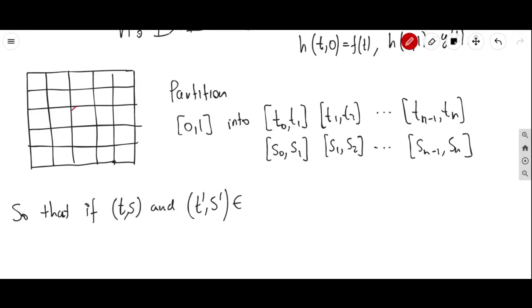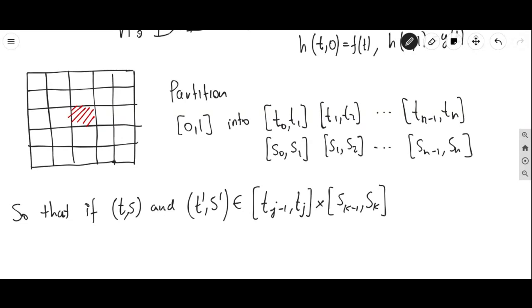So this is like one of these subintervals. So that would be belonging to Tj minus 1 Tj times Sk minus 1 Sk, like this.